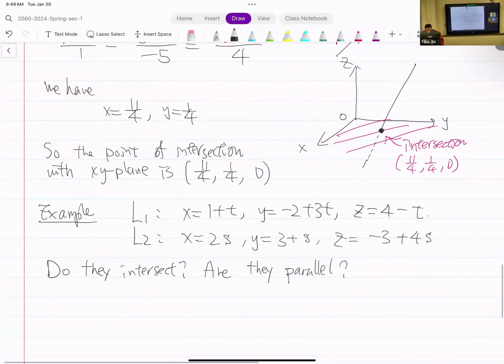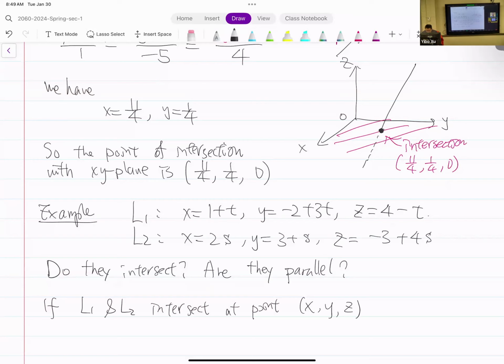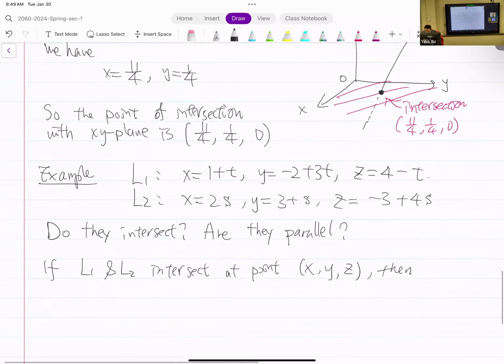So if L1 and L2 intersect at some point, we don't know what the point is, so we make the coordinates unknown, x, y, z. Then basically x, y, z will have to satisfy the equation of L1 and the equation of L2, the parametric equations.